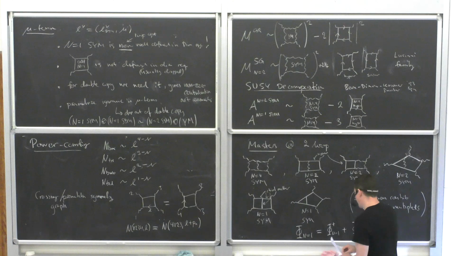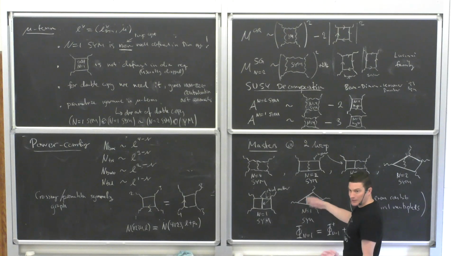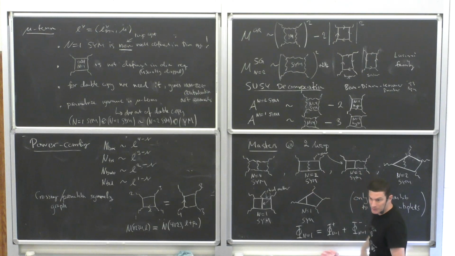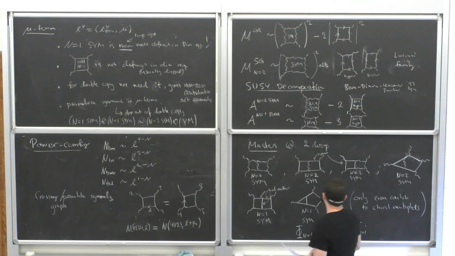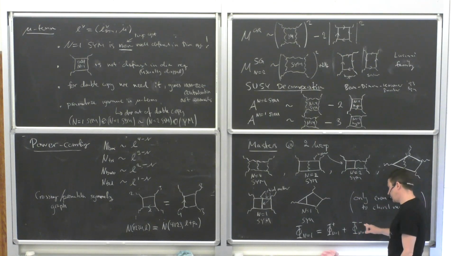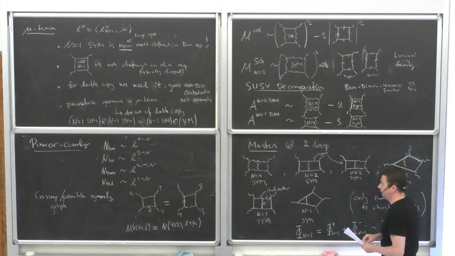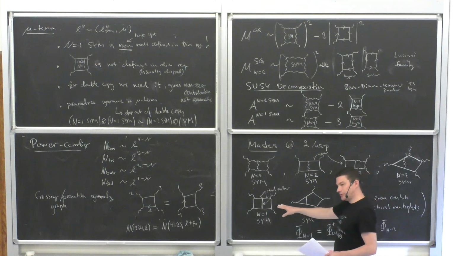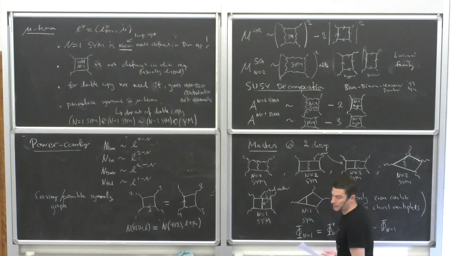Then just use this identity everywhere, and some of the vertices will not make sense, but that just means that it's 0. In some sense, it's equivalent to an N equals 2 hyper, but the interactions will not respect that. So the diagrams only have N equals 1 supersymmetry, not N equals 2.